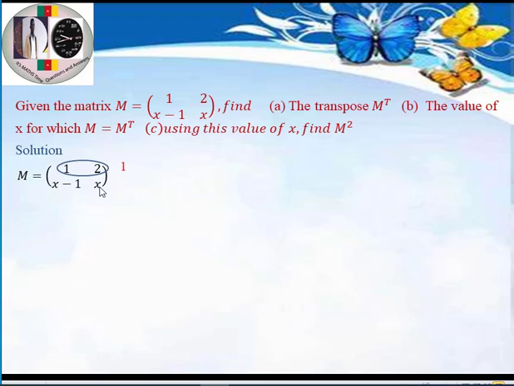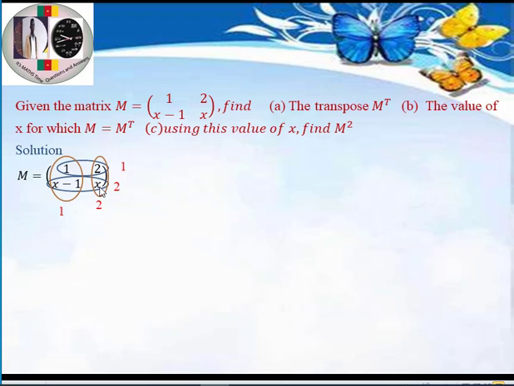So we call this matrix a 2 by 2 matrix because it has two rows, row 1, row 2, and two columns, column 1, column 2.